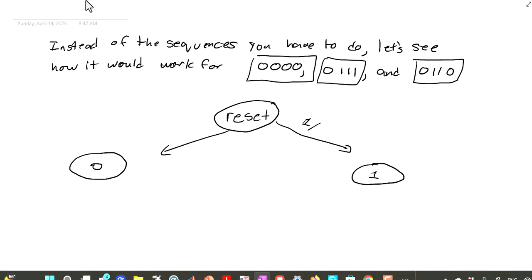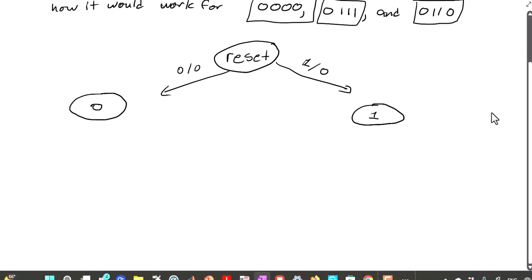And in both of those cases, our output would be 0 because we certainly don't have our 4-bit sequence yet. And you might notice at this point that our output is going to be 0 everywhere on the right-hand branch of this tree. So I'm going to put what we're trying to detect over here so I have them handy.